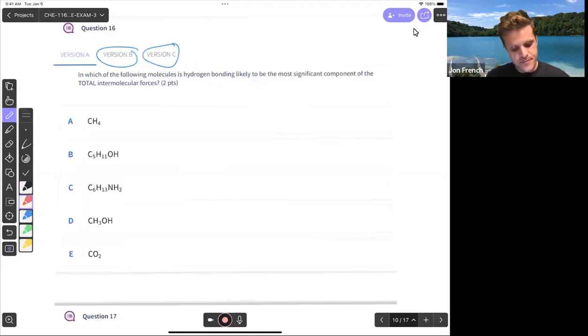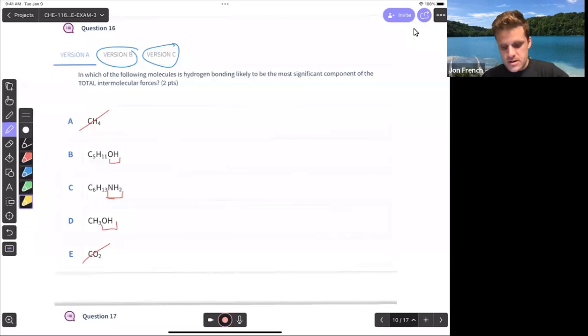Right off the bat, I can cancel out methane and carbon dioxide because those 2 don't have hydrogen bonding at all. I do have hydrogen bonding here, here, and here. And the key to the question is most significant component.